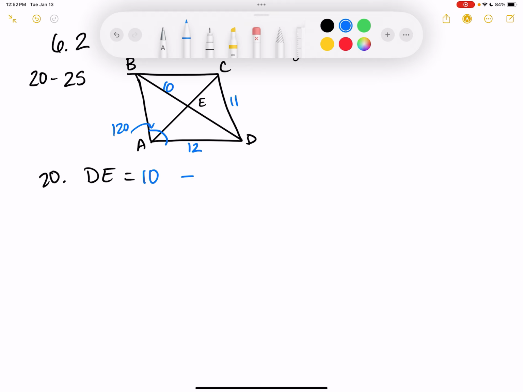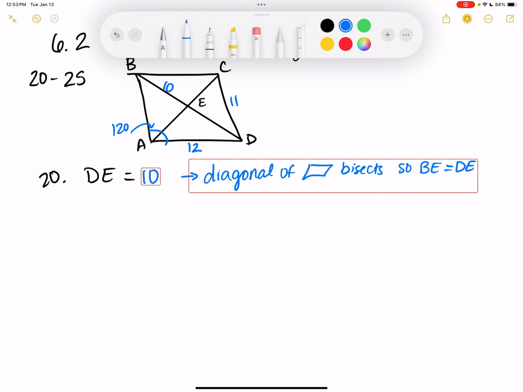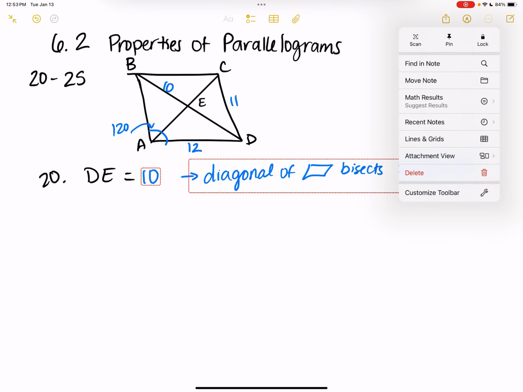The reason is that the diagonal of a parallelogram bisects, essentially. So BE equals DE, and we already found the value. You need to state the value and then explain the reason behind it.